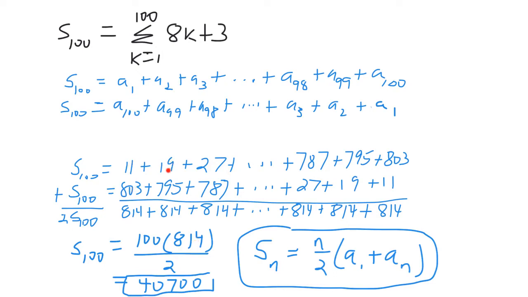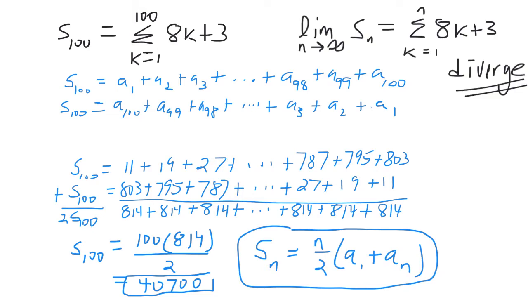It's also the second term plus the second to the last term, or the third plus the third to the last. But for simplicity, it's the first plus the 100th term. So here's a formula I can use for any number of terms that I would like to add up.